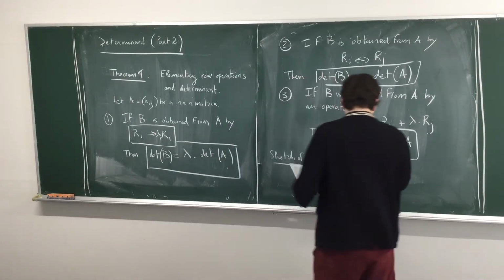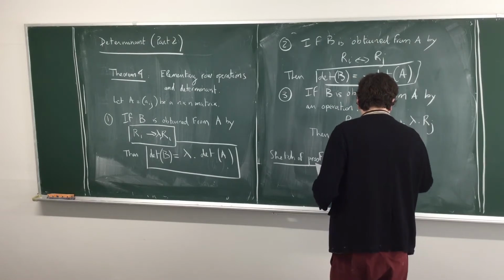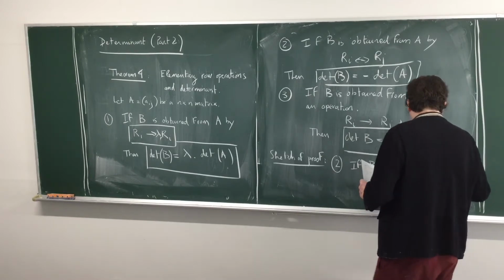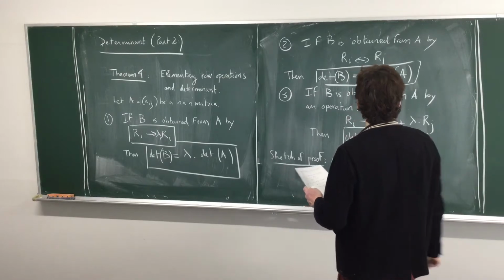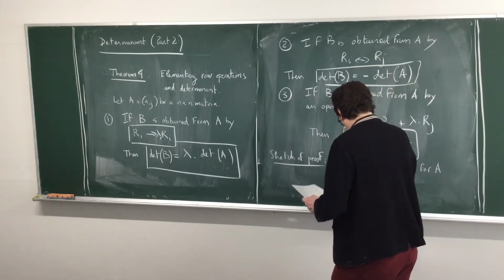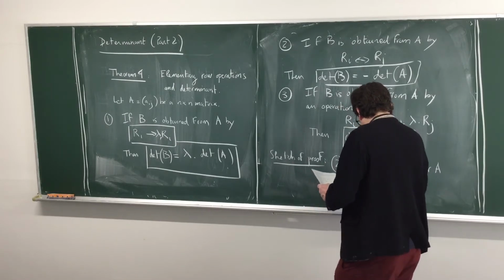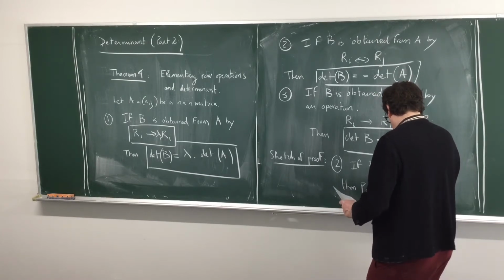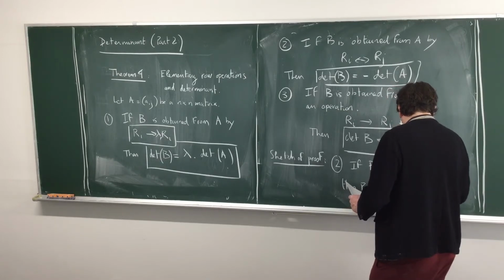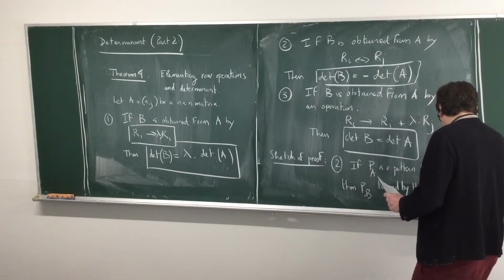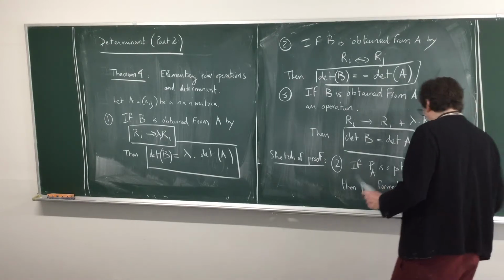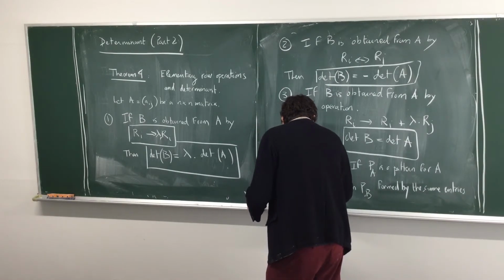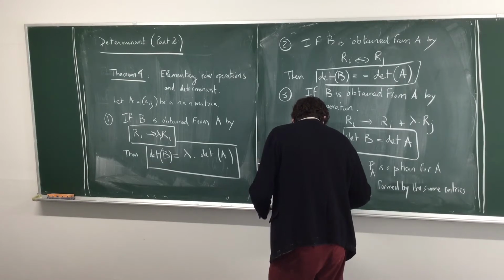So if PA is a pattern for A, and I do operation 2, which is swapping, then PB, formed by the same entries, is again a pattern. So you have to check this.